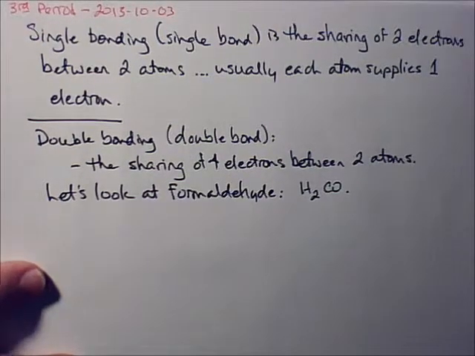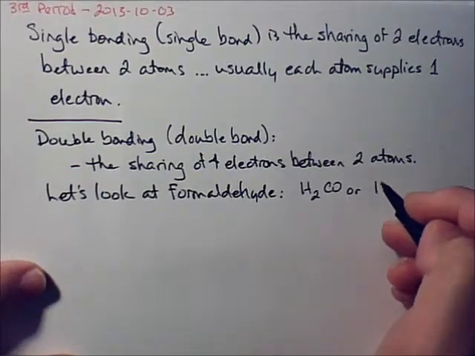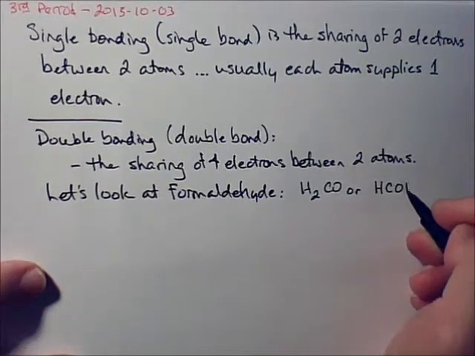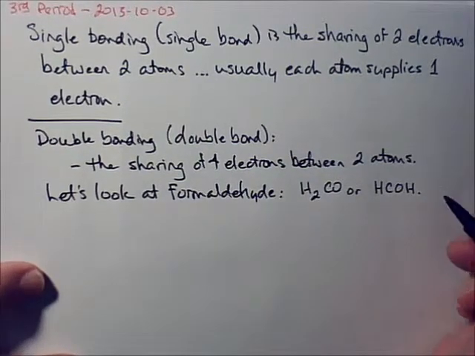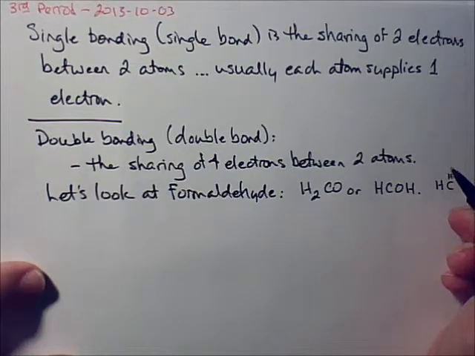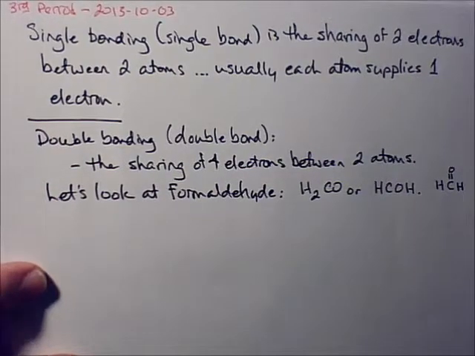Or we could write it, if we wanted to, there's a lot of ways to write it. In fact, I could write it like that. But you don't need to know that right now.